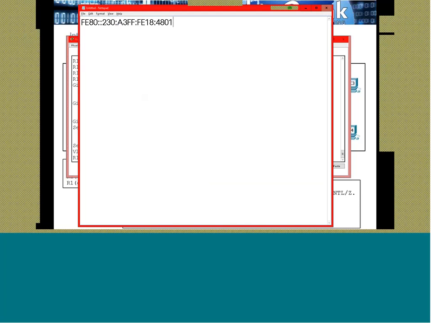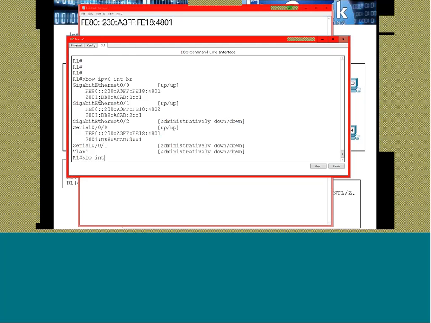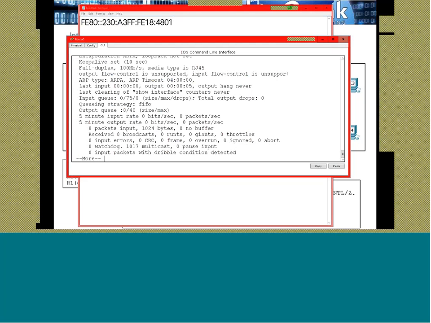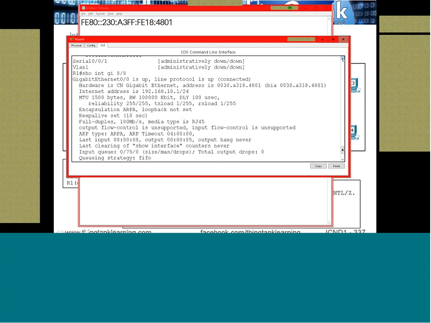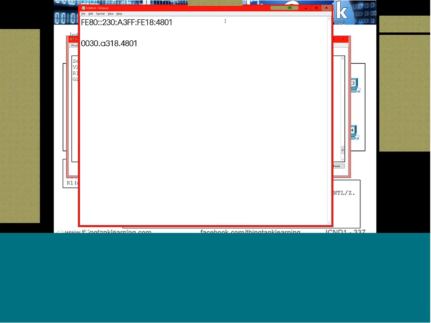So I'm going to go into my notepad here and paste that. And then I'm going to do a quick show interface Gi0/0. And what I'm going to grab from show interface is the MAC address of the interface. So we'll go ahead and copy that. So that is the MAC address on the interface, and above that is the link local address that was assigned to the interface.